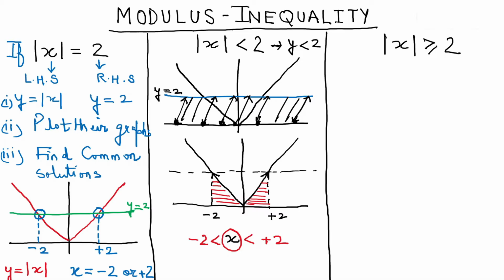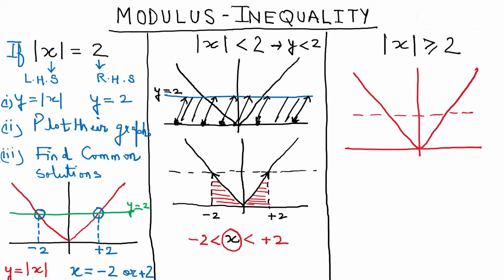Now using the same logic, let us solve the inequality modulus x is greater than or equal to 2. Once we have drawn the graph of modulus of x, which is this, and at the same time we have drawn the line y is equal to 2, the next thing we need to do is plot these values of x, which is +2 and -2 accordingly.